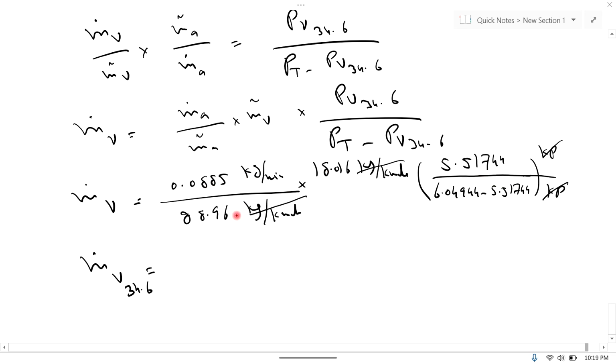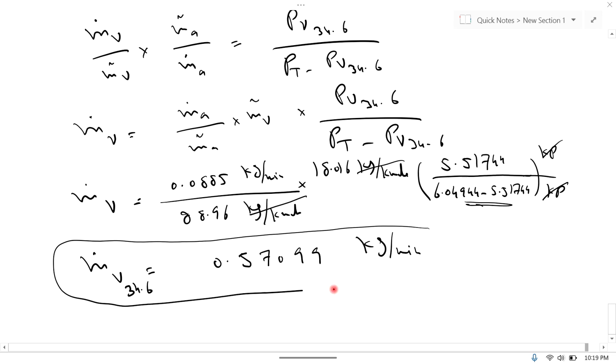Multiply these two and divide by this. Now subtract these two values, then divide numerator by denominator, and then multiply these two values in. So the final answer will be equal to 0.57099 and unit is kilogram per minute. Now this is m dot V at 34.6.